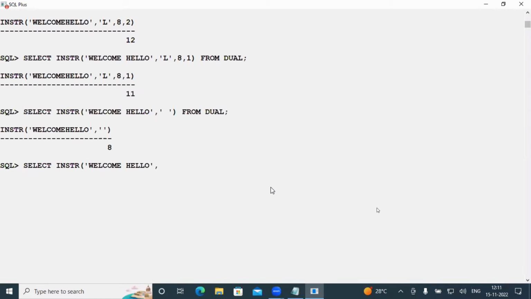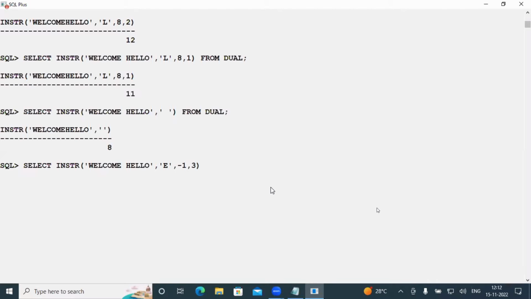My required character will be, suppose, E. I started from -1. That means right to left. Then which occurrence of E do I want? I want my third occurrence of E. So you want to count from -1. From -1, the third occurrence of E, I want.